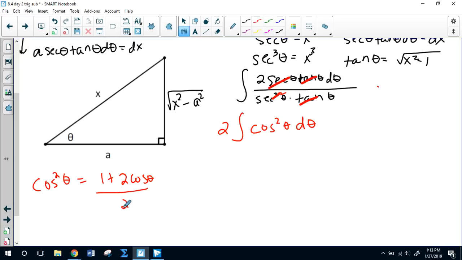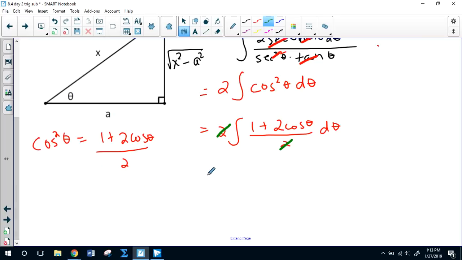So we're going to do some simplification of this problem by substituting this over here. So I have 2 times the integral of 1 plus cosine 2 theta over 2 d theta. And obviously those 2's can cancel. So now I'm left with the integral of 1 plus cosine 2 theta.